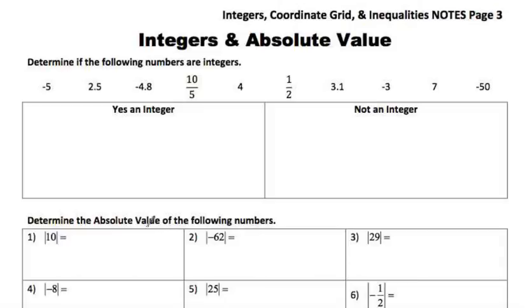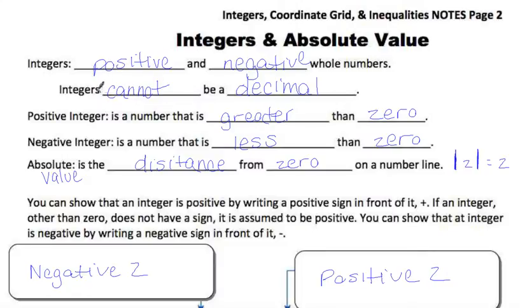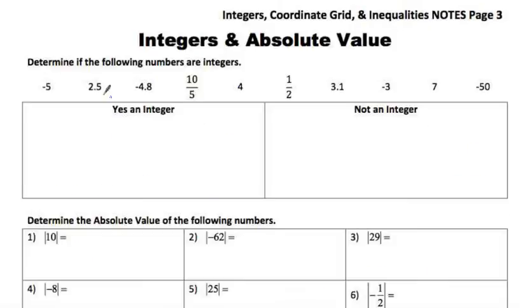So the next thing we need to determine is if the numbers are integers. Remember we said that an integer cannot be a decimal, and we talked about that on our definition page. If we look at this, we have a negative 5. It's a whole number, so yes, it is an integer. If we look at this, 2.5, it's a decimal, so it cannot be an integer.